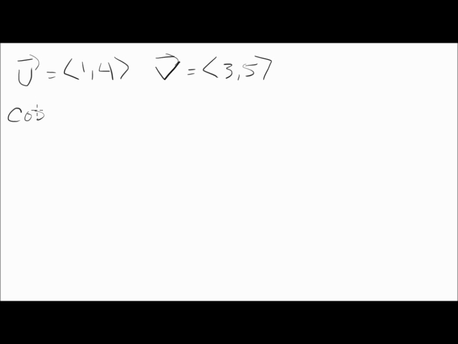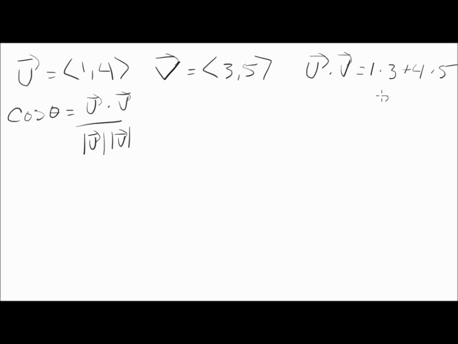We know cosine theta equals u dot v over the magnitude of u times the magnitude of v. So let's find u dot v over here. We take our first, which is the 1, multiply it by our first in this one, so we have 1 times 3, and we're going to add the second one, so we've got 4 times 5.